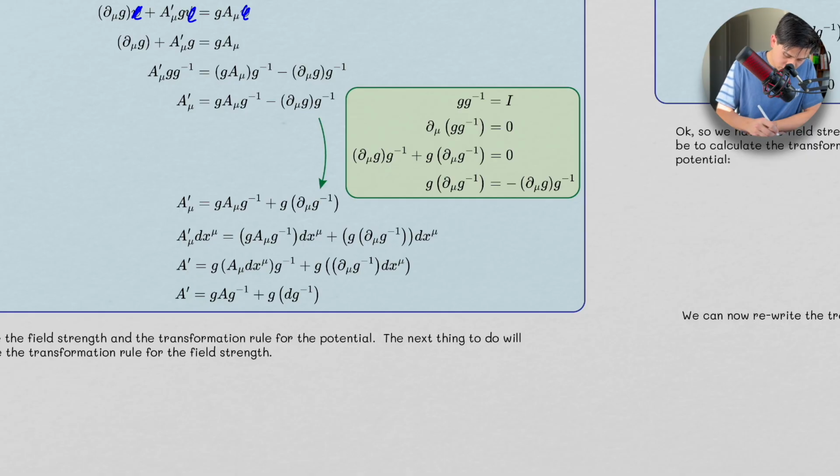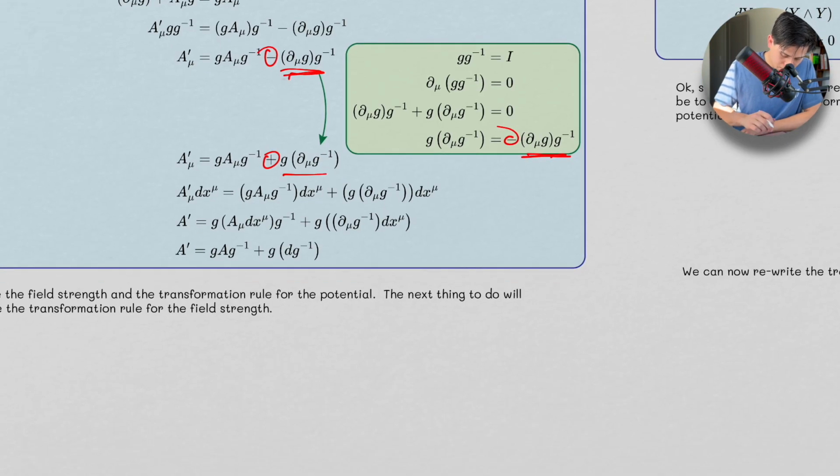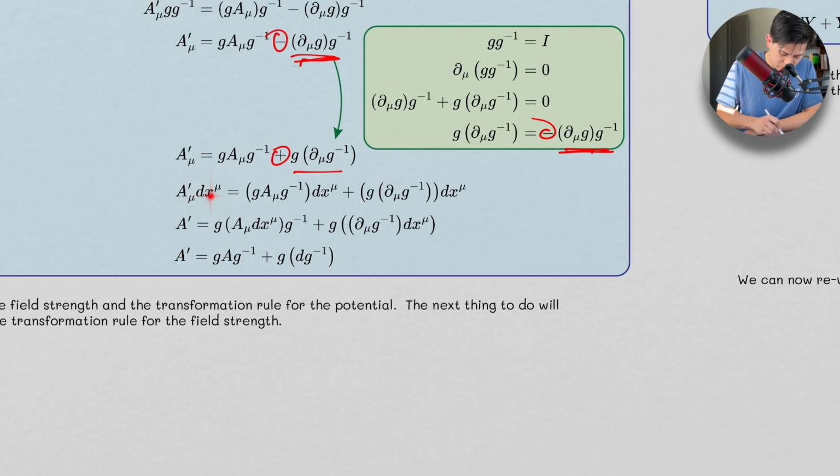So this bit right here, that is right here, right? And because this is a minus sign, we get a plus sign right here, so we get this. And so from there then, from here we get this, because we're just multiplying by dx mu.